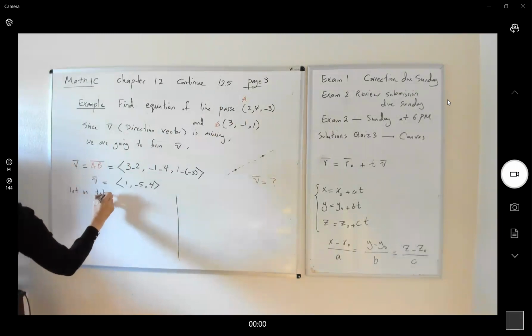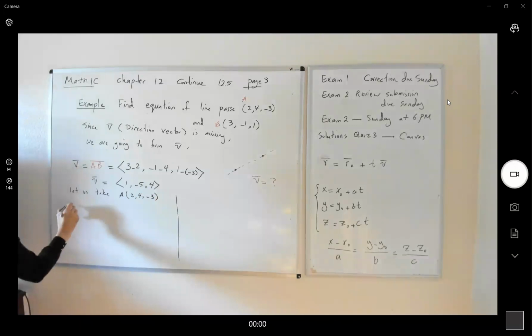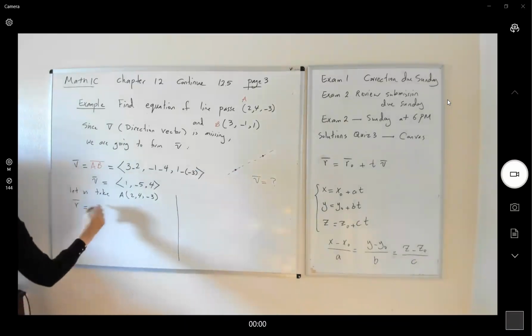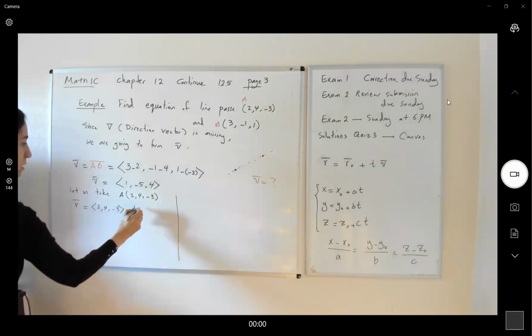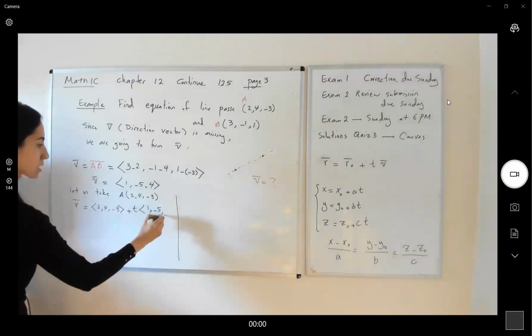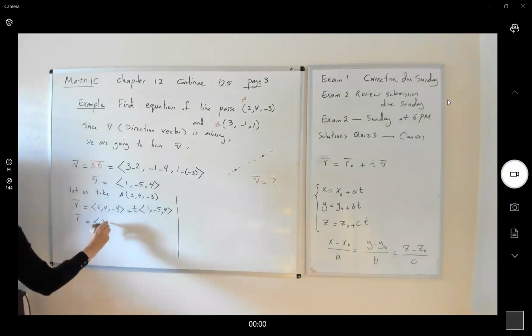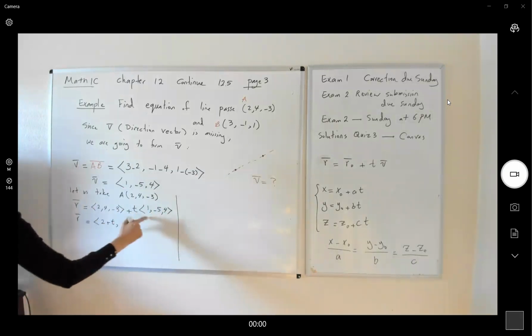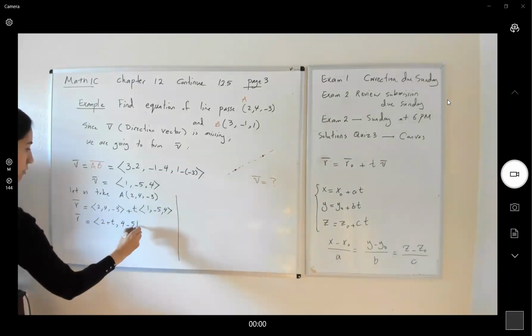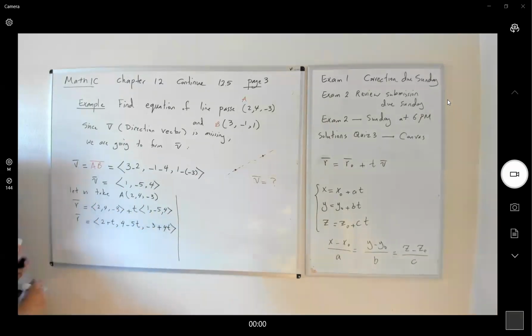Let us take A, 2, 4, minus 3. So R is equal to R sub 0, which is 2, 4, -3, plus t times v. You form your v, which is 1, -5, and 4. So your R is equal to 2 plus t, 4 minus 5t, and -3 plus 4t.